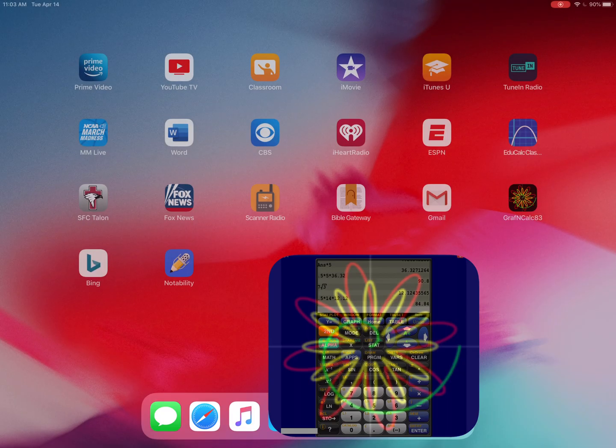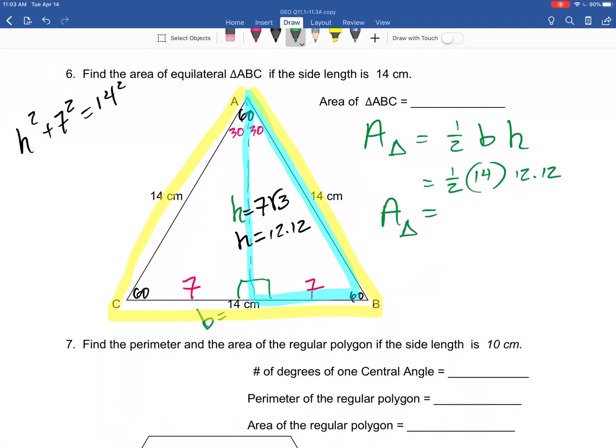There it is, 84. That looks good. Let's put our answer. Now let's stop and look for units. It is area. Well, the lengths were in centimeters, so the area is centimeters squared.